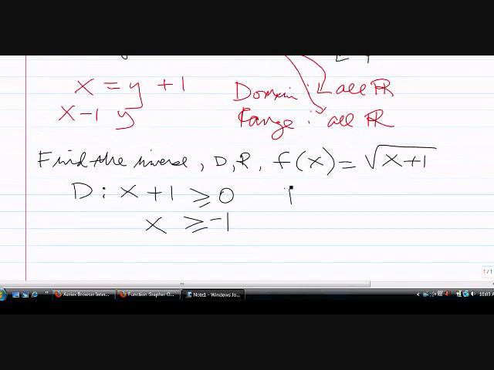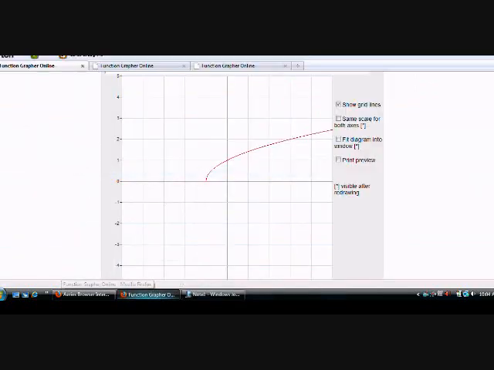Now my range. So I might have to think of what this function looks like. We're not even graphing them till tomorrow. But if I think of what this function looks like, there's what it looks like. It is always above the x-axis. Square roots always return positive numbers.